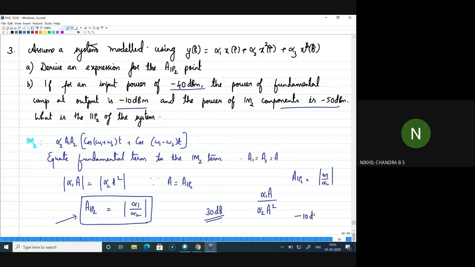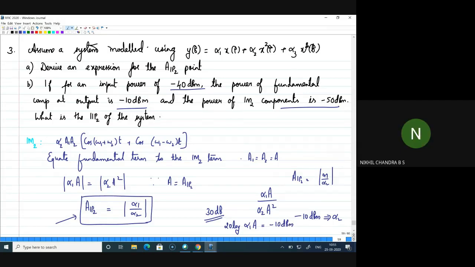Yes, sir. So minus 10 dBm will give you alpha 2. But the individual things aren't required now, sir. We can take the value of 20 log, the fundamental component is minus 10 dBm, and the output to be minus 50 dBm, and the input part to be minus 40 dBm directly. And then you are just equating both.